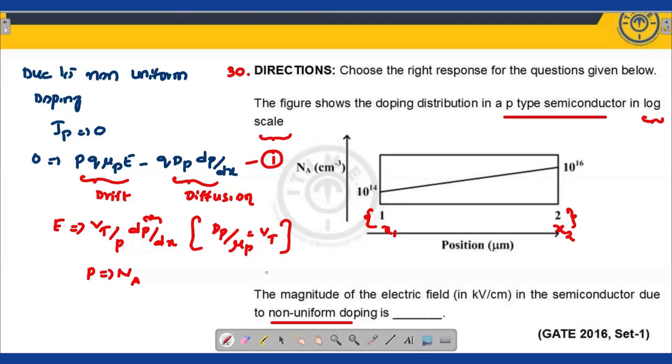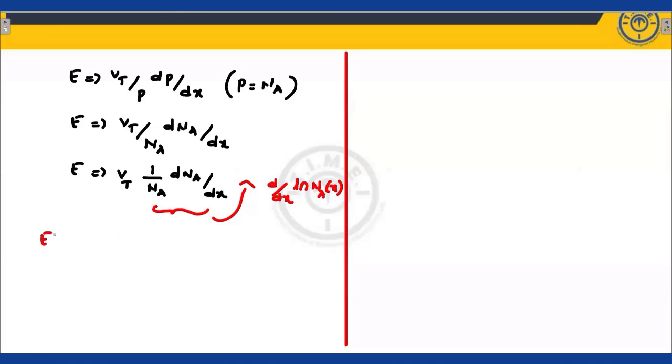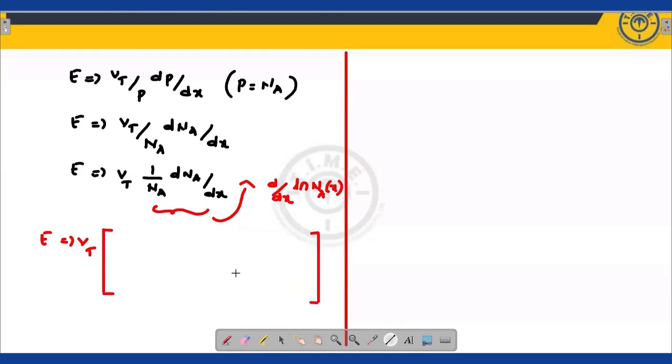Now from this formula, I'm writing here in the next page. E is equal to VT into ln of Na2 minus ln of Na1.